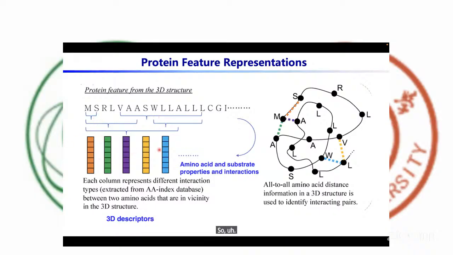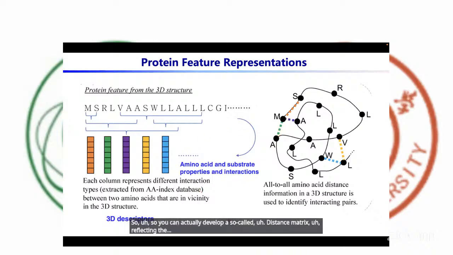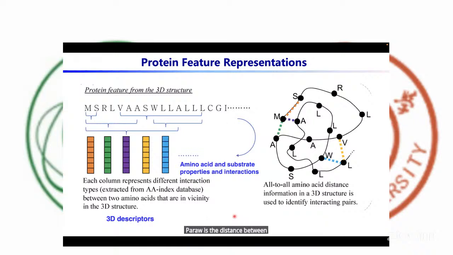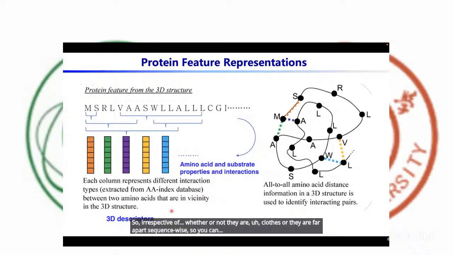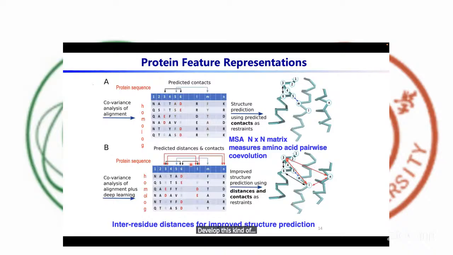So you can actually develop a so-called distance matrix reflecting the pairwise distance between the amino acids, irrespective of whether they are close or far apart sequence-wise.